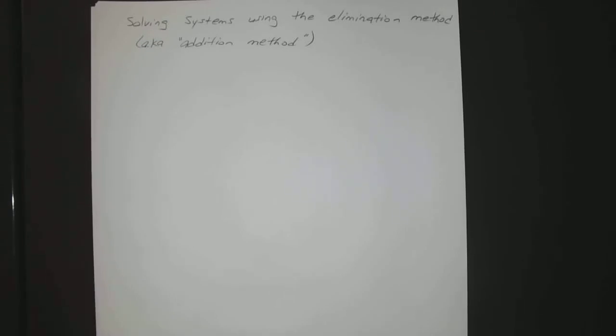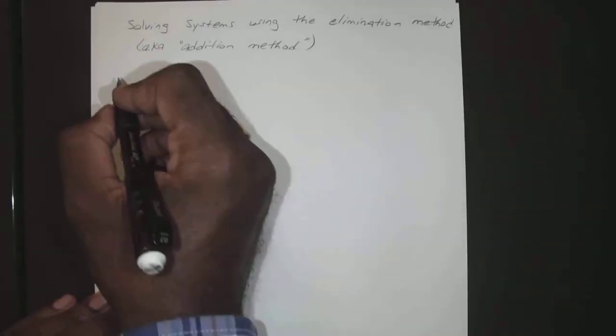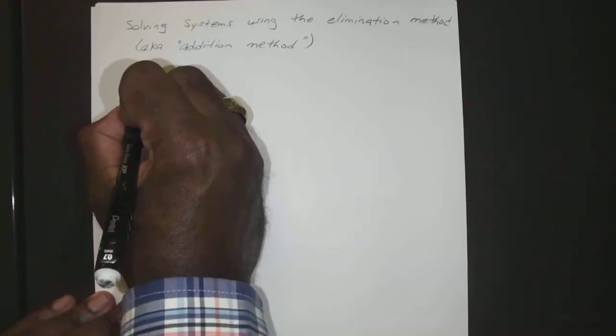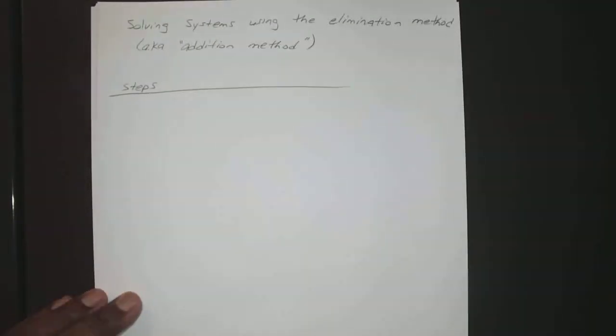Okay. Now with the elimination method, you want to follow a few steps. It's not as direct as the substitution method. The first thing you want to do is write each equation in standard form. It just means you want to bring all the variables over to one side.